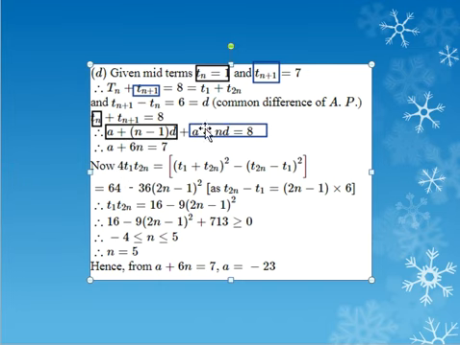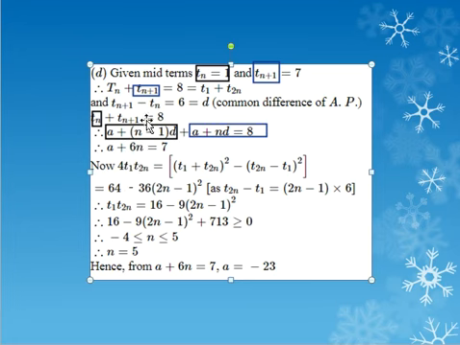Now I add these. So a plus nd. How did I get a plus nd? Just substitute n plus 1 in the value of n, and plus 1 minus 1 cancel out, and you're going to get a plus nd equals 8. And you're going to simplify that. Keep the value of d as 6, and you're going to get a plus 6n equals 7.